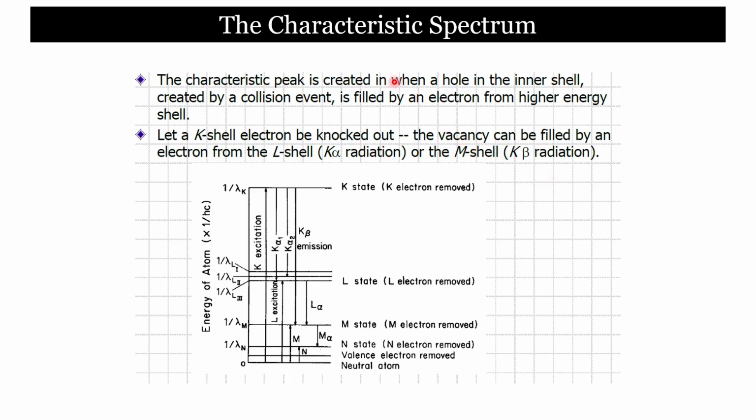And if the incoming electron ejects the electron from the L shell, then you can have L alpha radiation if an electron from the M shell jumps to this L shell. I hope this is understood by everyone. If there is any doubt, please let me know.